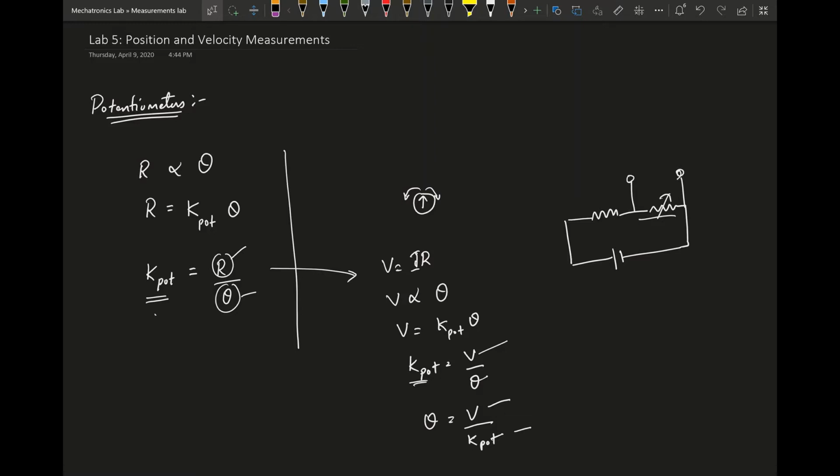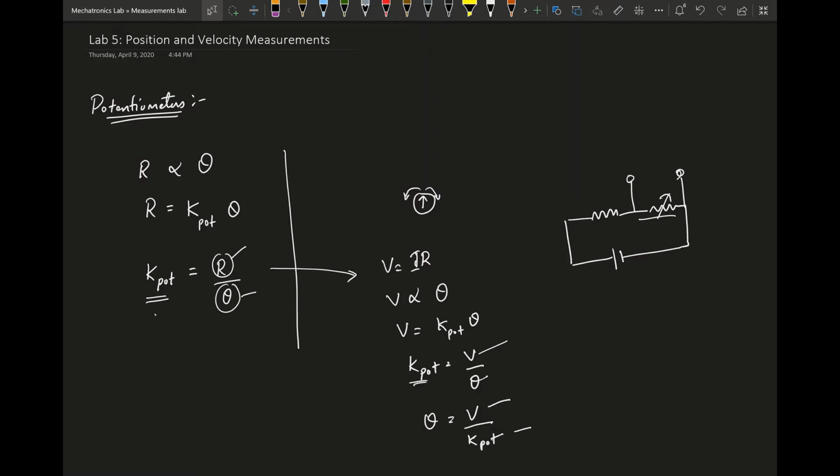that vary in resistance. So they have a dial, and when you move the dial in one direction, the resistance increases, and if you move them in the other direction, the resistance decreases, right?